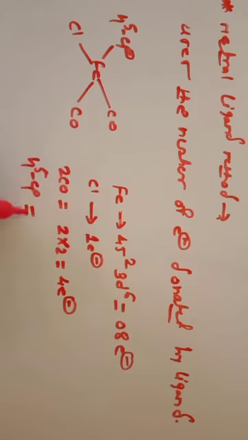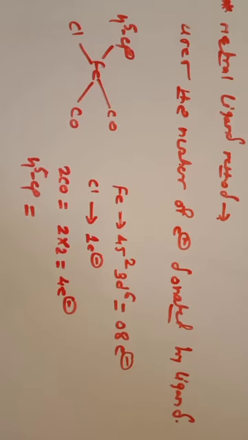And 1 eta 5 Cp. Whenever we consider ligands like eta 5 Cp, eta 3 Cp or eta 1 Cp, the hapticity is considered as its electron donation. When the hapticity is 5, all 5 carbons are attached to the central metal atom and it contributes 5 electrons. When the hapticity is 3, only 3 carbons are attached to the metal atom and it contributes 3 electrons.